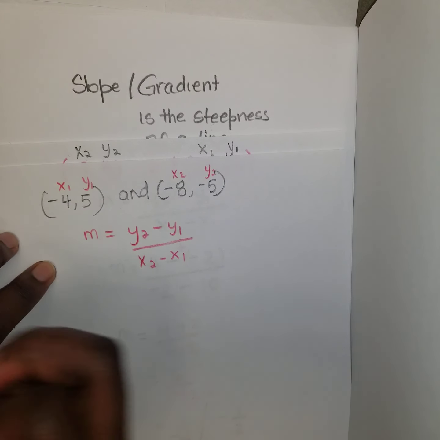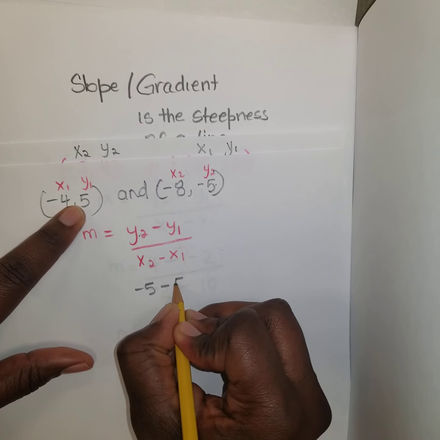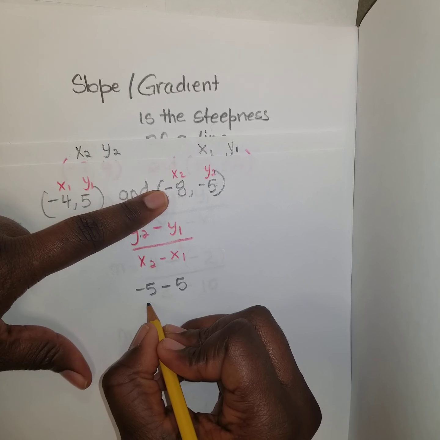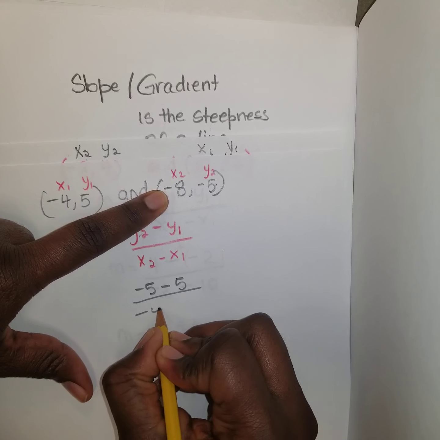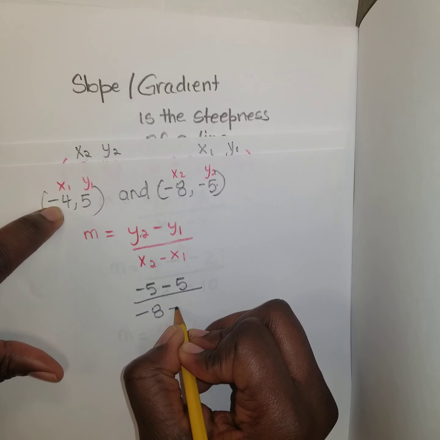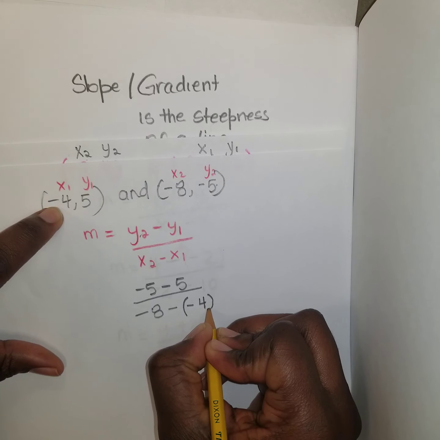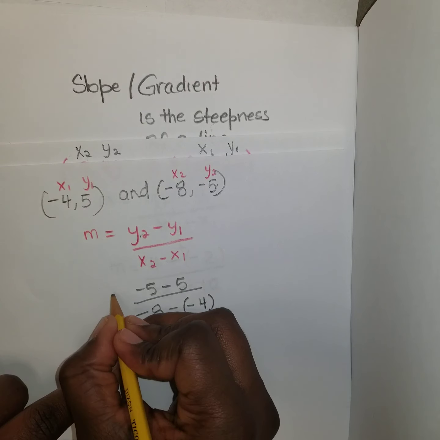Let's pick them out. So it's y2, negative 5, y1, negative 5, x2, negative 8, x1 is a negative 4. So you have to ensure that you put the negative 4. All right, let's go.